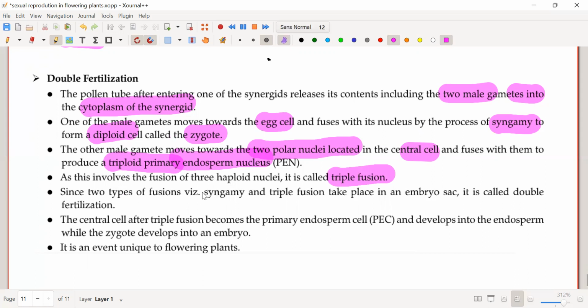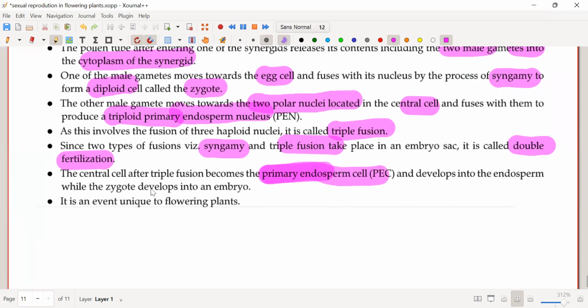Since two types of fusion, syngamy and triple fusion, take place in the embryo sac, this is known as double fertilization. The central cell after triple fusion becomes the primary endosperm cell, PEC. The primary endosperm cell develops into endosperm, while the zygote develops into the embryo.